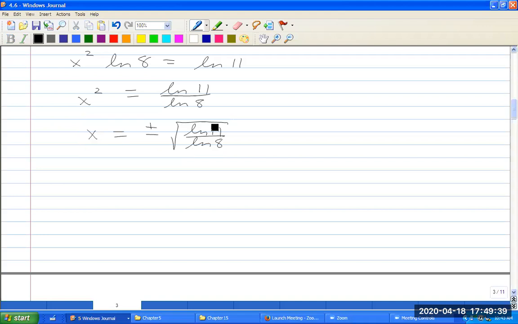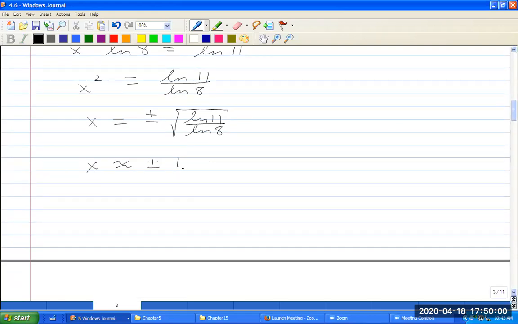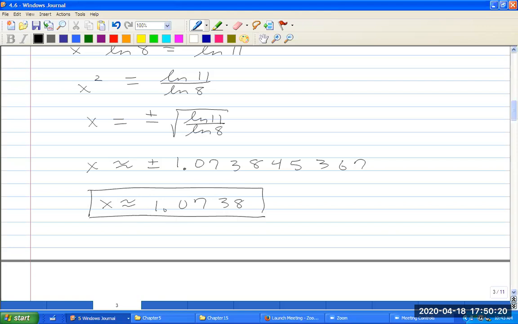And so x is approximately 1.073845367. So x is approximately 1.0738. And that is your answer.